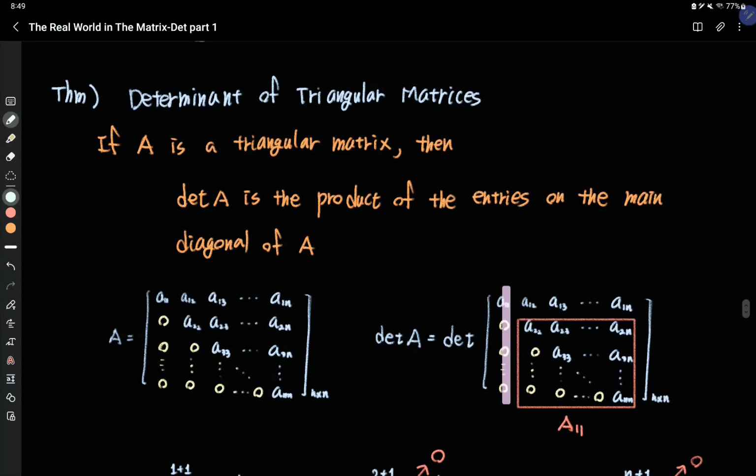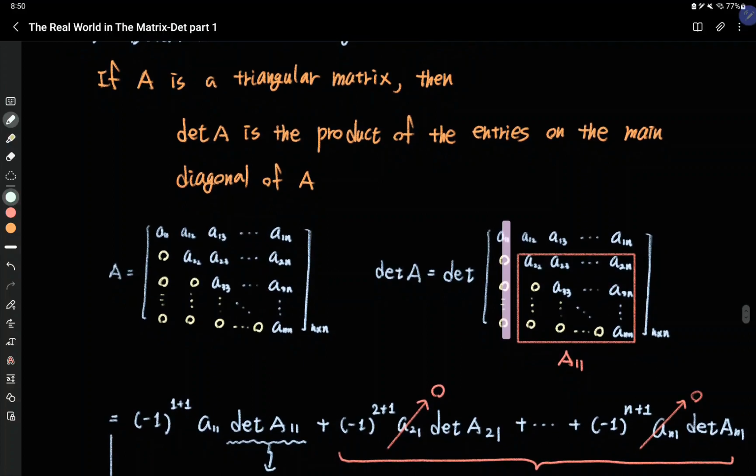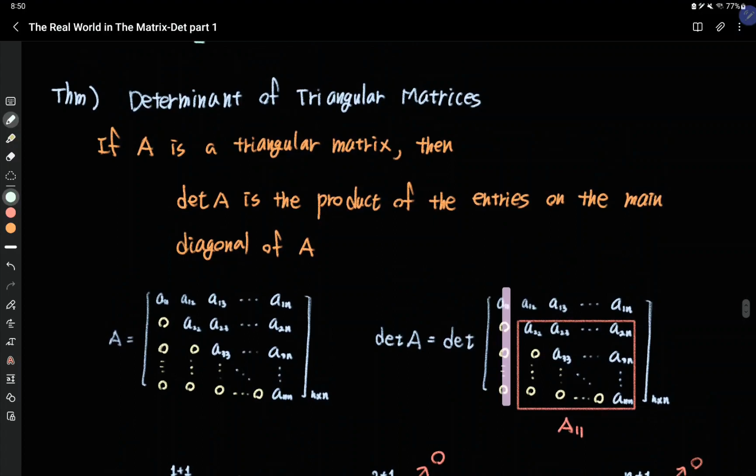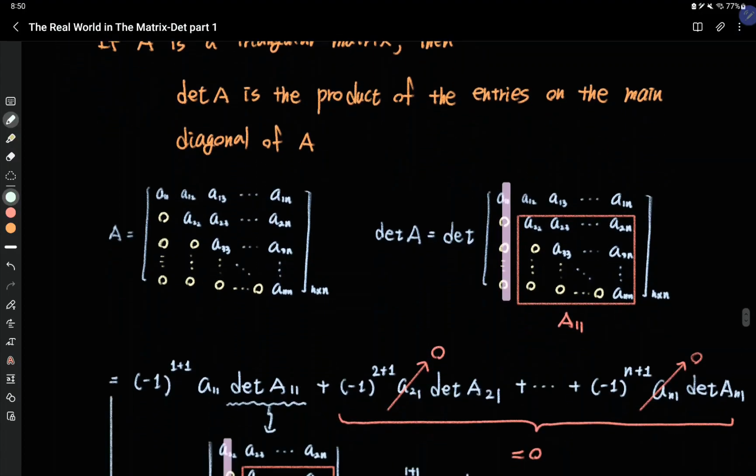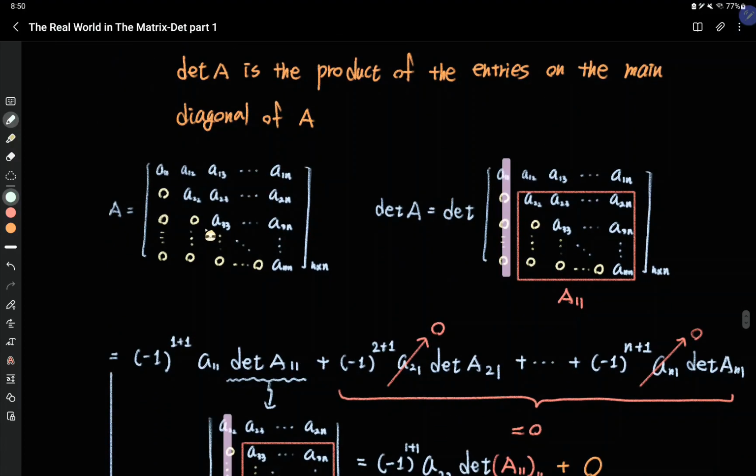Because if A is a triangular matrix, then the determinant of A is the product of the entries on the main diagonal of A. You see that this is an upper triangular matrix, and lower triangular matrices both hold this theorem. So if A is an upper triangular matrix, then the theorem says the determinant of A is the product of the diagonal entries.